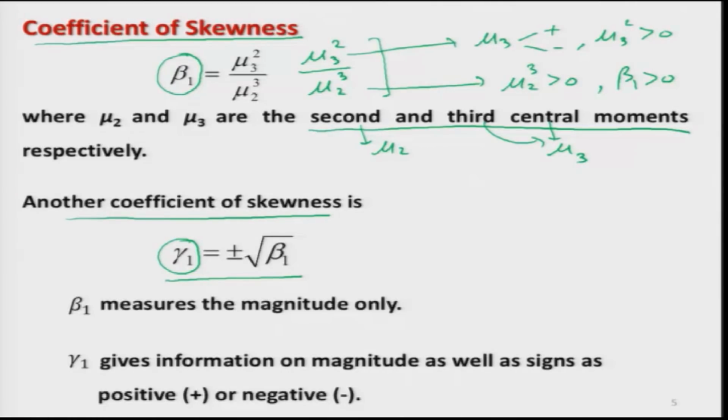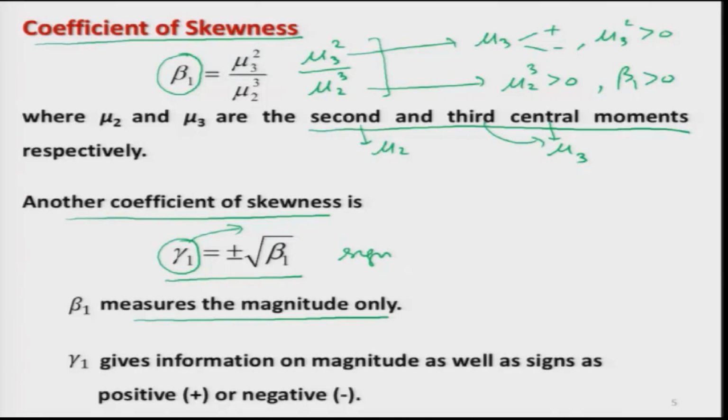So, this will give us the information on the magnitude of the skewness, or the magnitude of the lack of symmetry, but this beta 1 will not be able to inform us whether the skewness is positive or negative. Whereas, when we use the next coefficient gamma 1, it will also give us information about the sign.